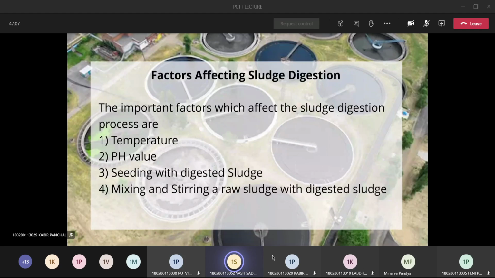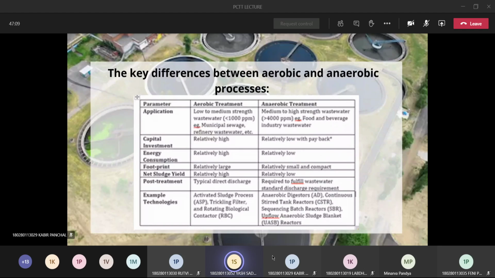Aerobic treatment can only be applied when the wastewater has low to medium strength, that is less than 1000 ppm. Some examples: municipal sewage, refinery wastewater. When the wastewater has strength greater than 4000 ppm, that is from medium to high strength, anaerobic treatment is used. Food and beverage industry wastewater has this kind of high strength.